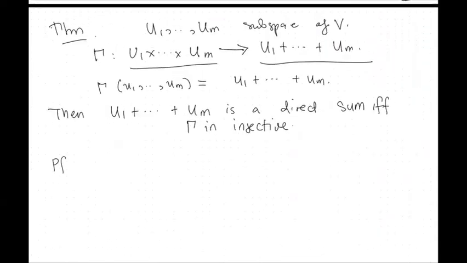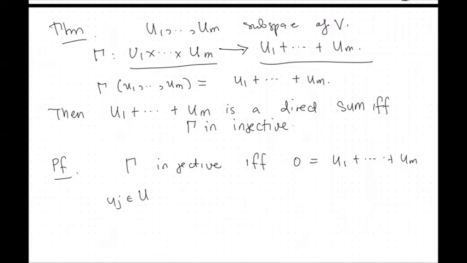Okay, let us provide a sketch of the proof here. If this is injective, what can you say? The 0 vector is written only as u1 plus up to um, with each uj in Uj equal to 0.